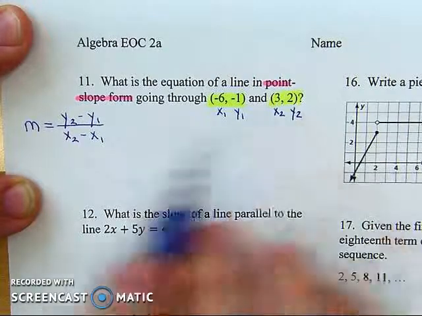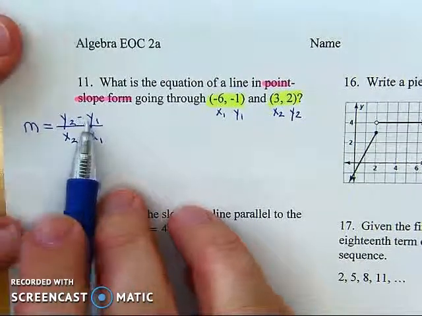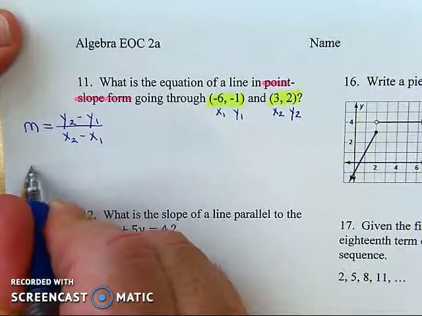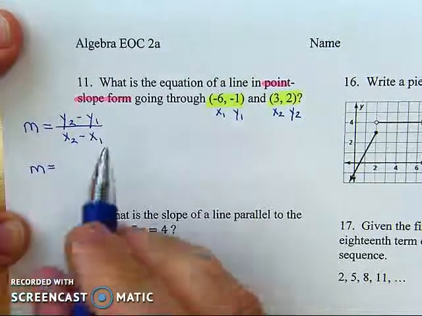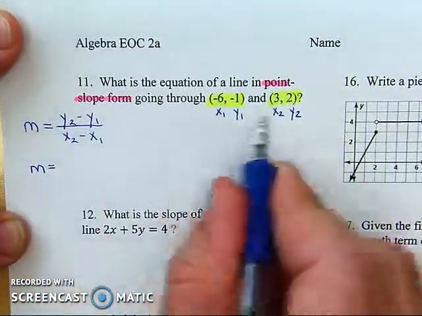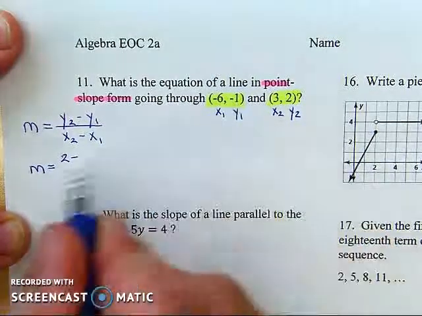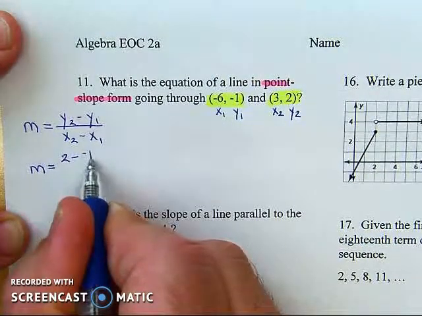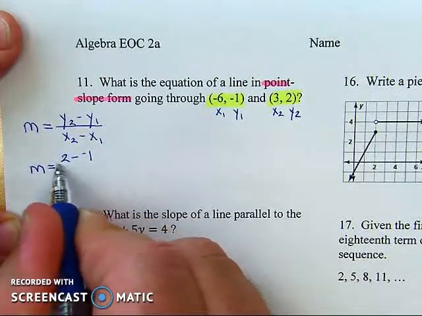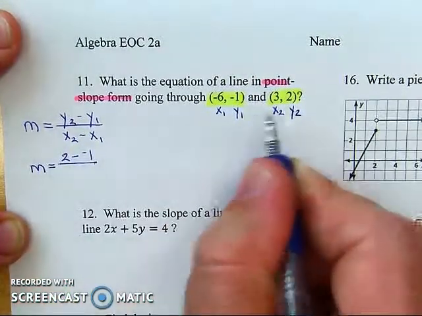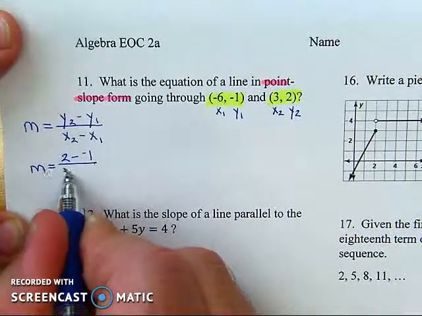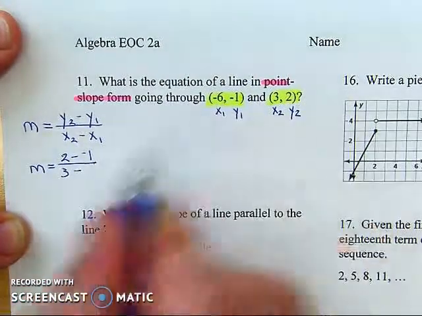So I've got 4 terms, and here's where they're going to go. Right underneath there, I'm going to plug in things. So I've got the y sub 2, which is the 2, minus the y sub 1. It is a -1, so I'm going to write it like that. You could put that in parentheses if you want. And then underneath, I have x sub 2, which is 3, minus, and I've got another negative.